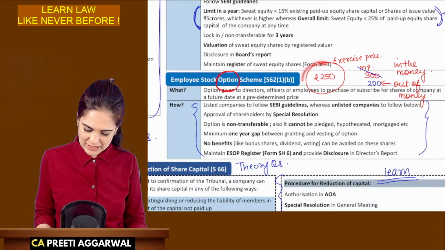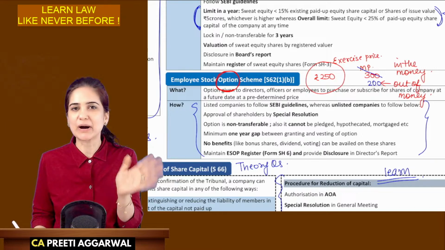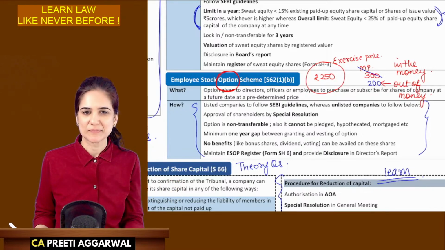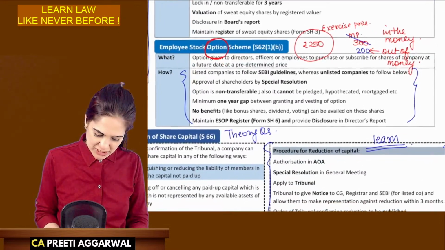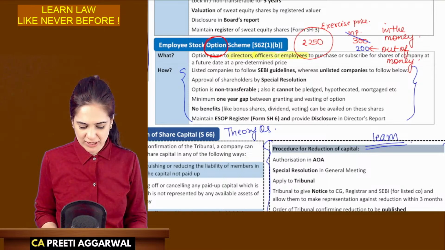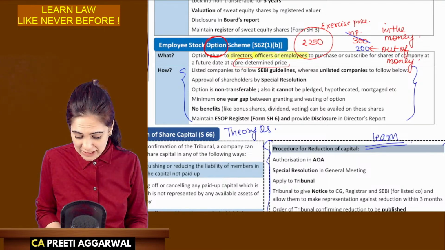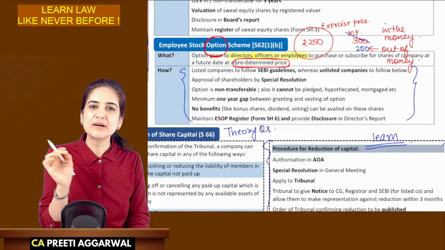I might as well go and buy it from the market for 200 rupees. So this is an option which is given to the directors, officers, employees to purchase or subscribe for the shares at a predetermined price.